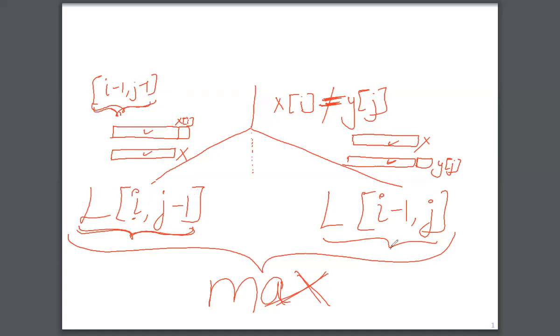In this subproblem also, in the next iteration, if you recurse, it will at some point remove the jth character, depending on whether they are equal or not. So that is automatically covered, implicitly covered. You don't need to explicitly cover this.